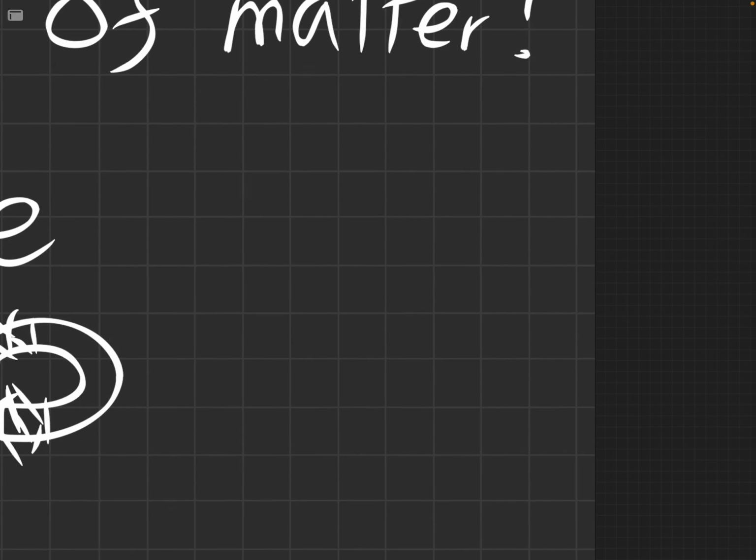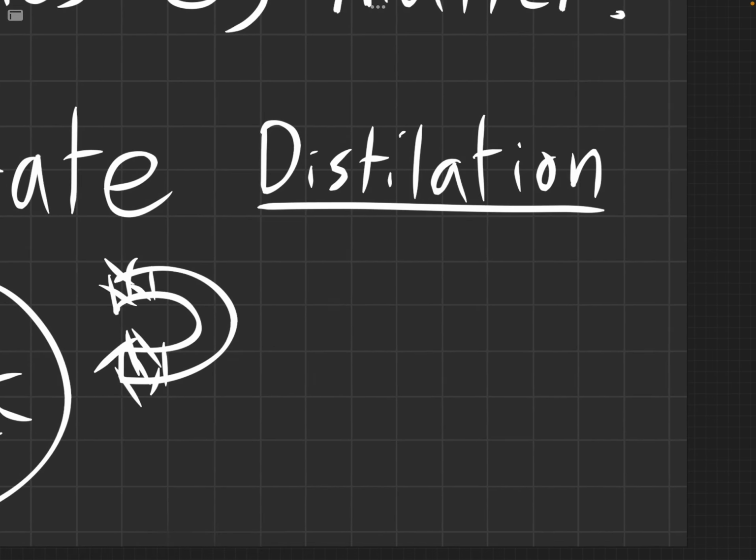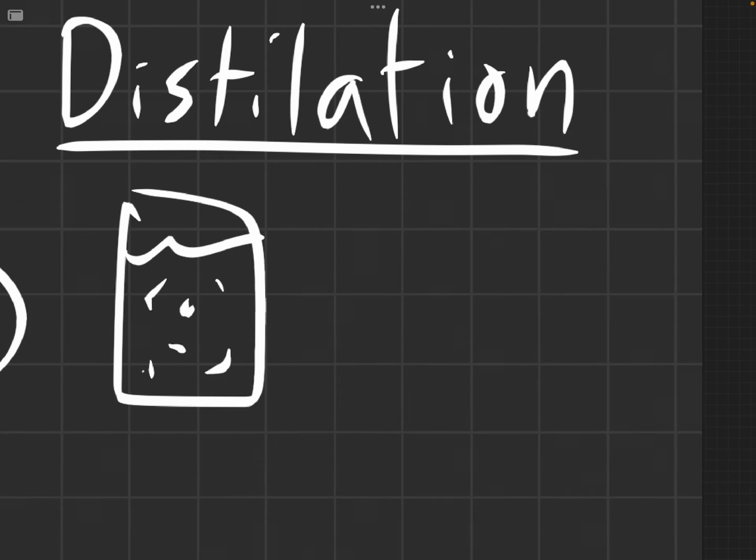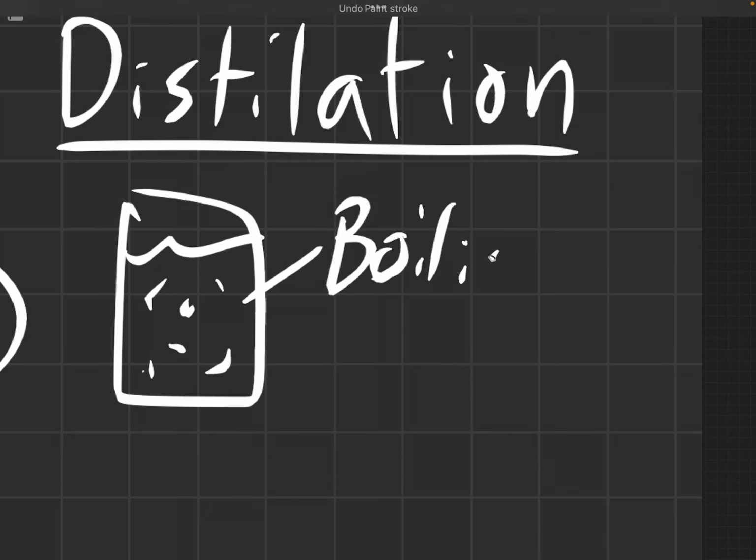Another common example is distillation. Say for example, I have water that has salt in it, and I want to separate the water and the salt. I can tell myself, well, I know that a property of water is that it has a boiling point that's fairly low. It has a boiling point of 100 degrees.